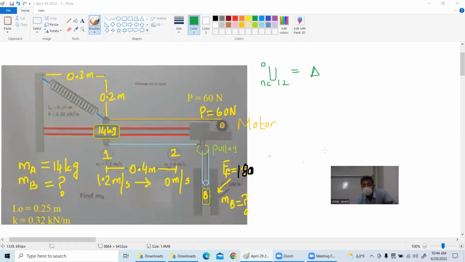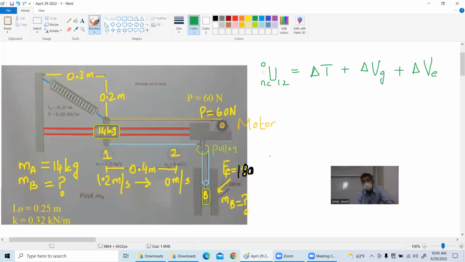Delta T, plus we have delta VG plus delta VE.